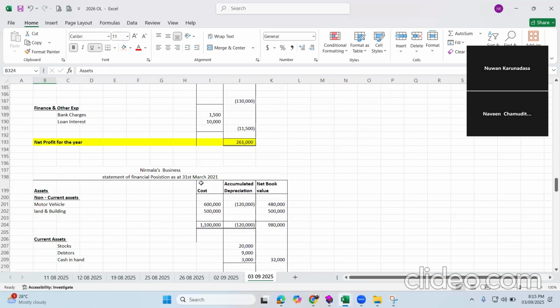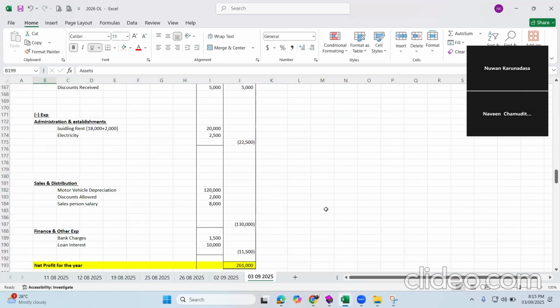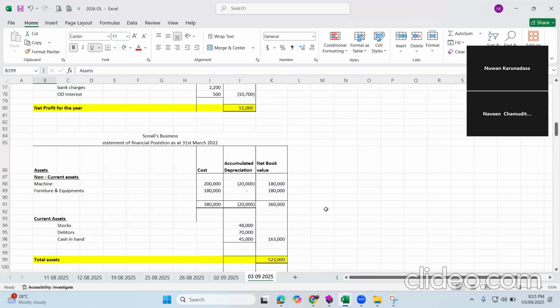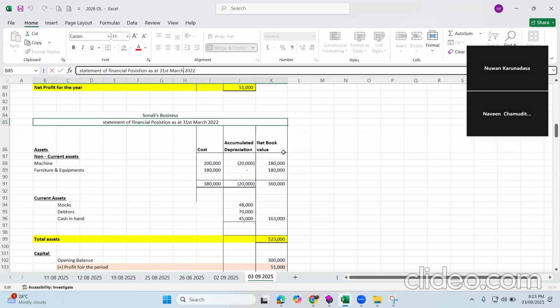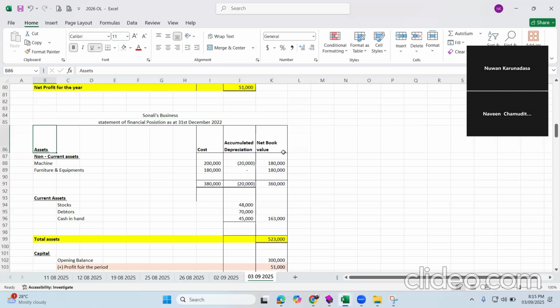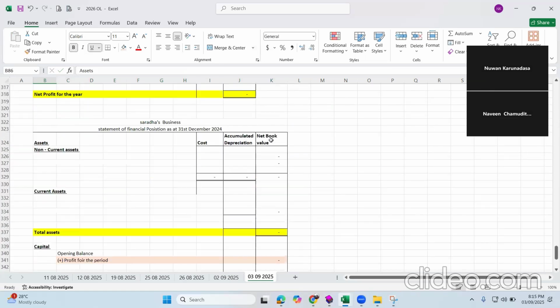Sorry, I have made a mistake here. 31st March should be December. Here also 31st December. Right. We'll start with the adjustments.